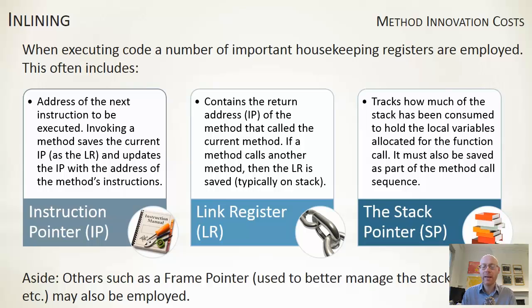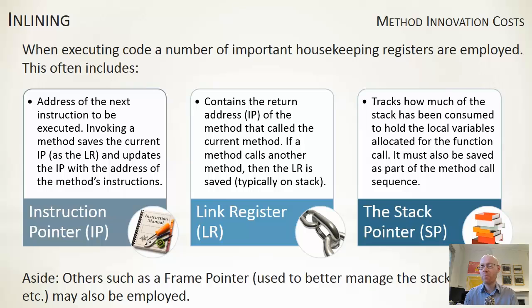Obviously, if we're calling another method, then we have a break in that. We are likely to be jumping to another piece of memory that contains the code associated with that method. And when that method finishes, we want to jump back to whereabouts we were so we can carry on executing the next instruction in line.